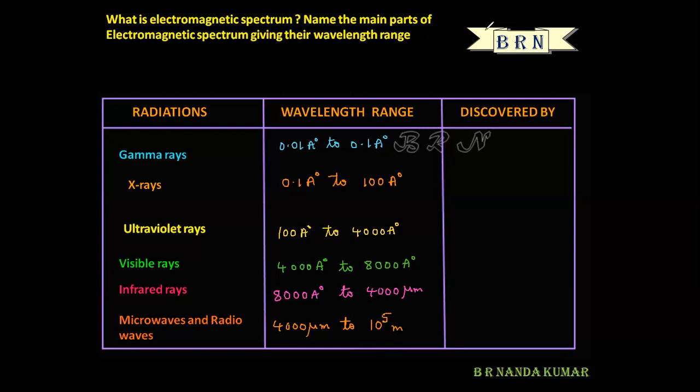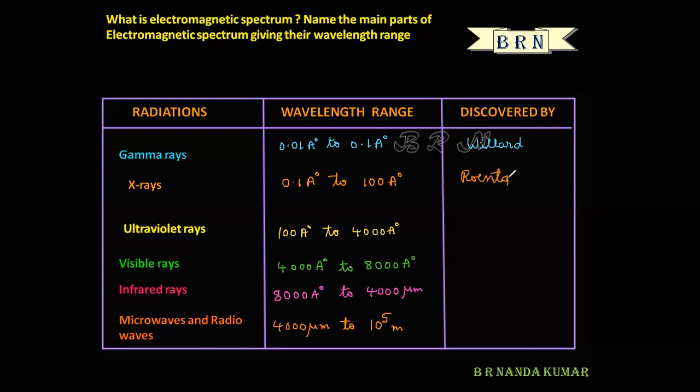So who discovered gamma rays? This is very important. Willard. Gamma rays were discovered by Willard. Who discovered X-rays? Rontgen.